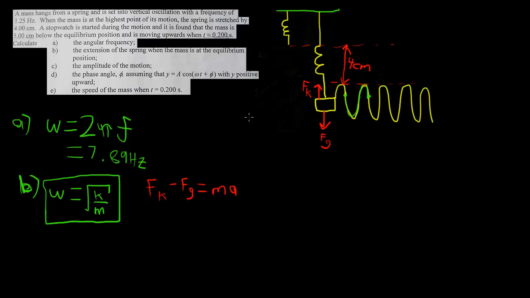What's the acceleration? We're just holding it stationary, or we let it come to rest, and that's what happens at equilibrium. So at equilibrium, a goes to 0. We can rearrange this to have Fk equals Fg. And what are these forces? The force from the spring is kx, and the force of gravity is mg.